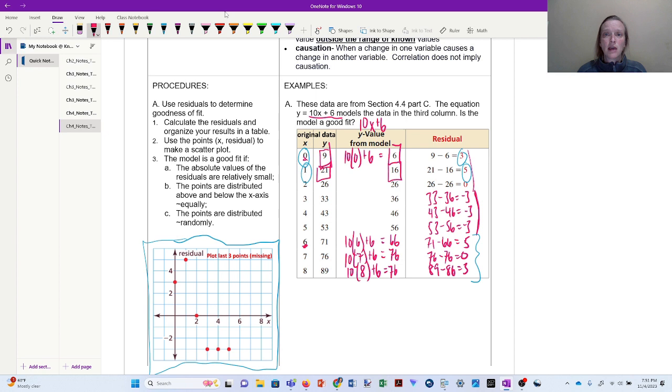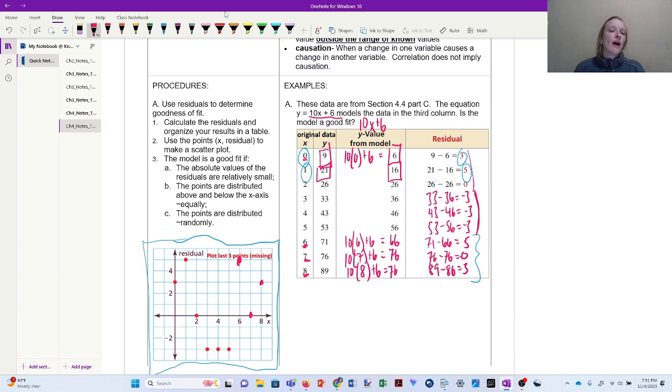The x value is 6, the y value is 5, so I'll draw a point here. When the x value is 7, the y value is 0, so I'll draw a point here. And when the x value is 8, the y value is 3, so I'll draw a point here.